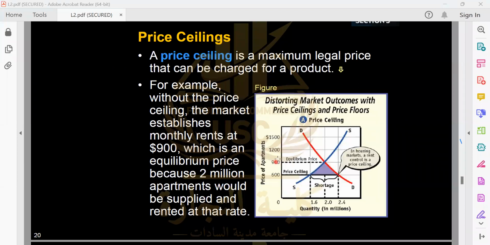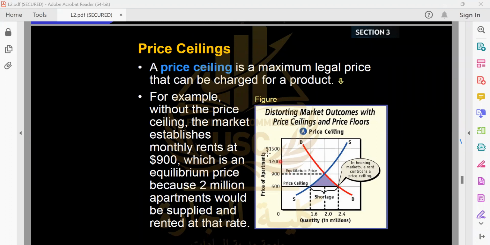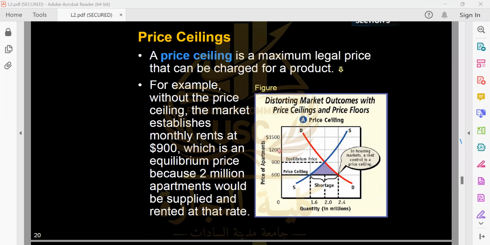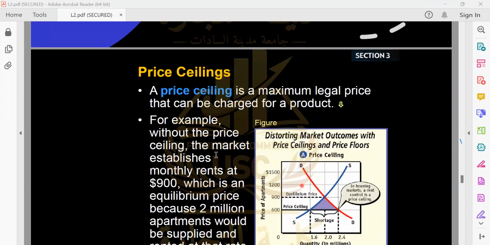When we put a price ceiling, a maximum legal price, in order to protect the consumer, we don't charge 1,200, we charge 600. It's called price ceiling, سقف السعر, but we put the price ceiling under equilibrium. So سقف السعر or price ceiling is under equilibrium.